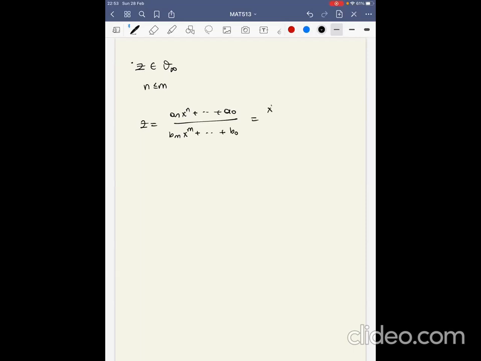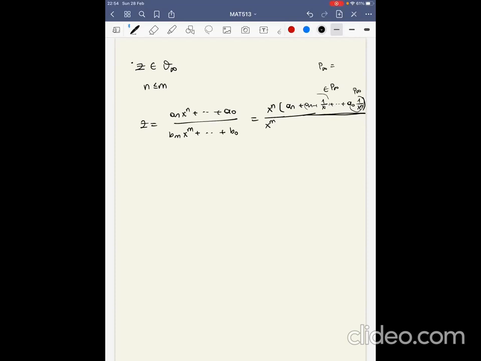Here, first let me take x to the n in parentheses in the numerator, because in some sense we want to get terms which belong to P infinity.